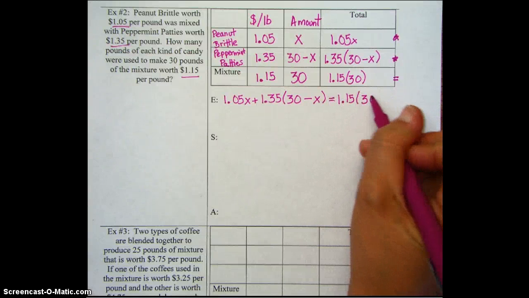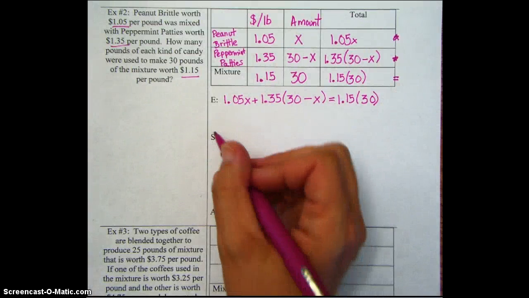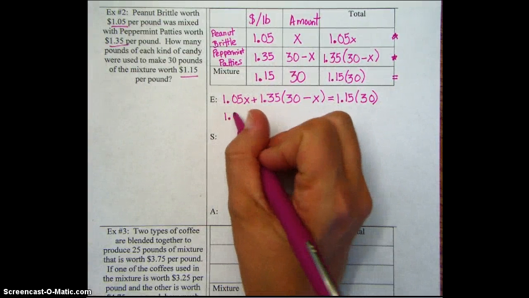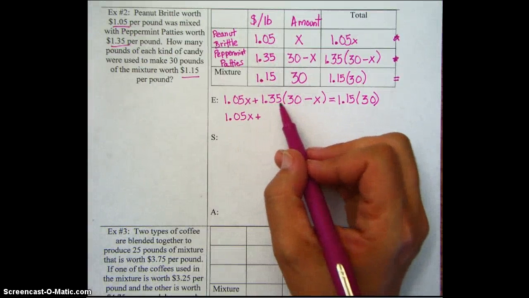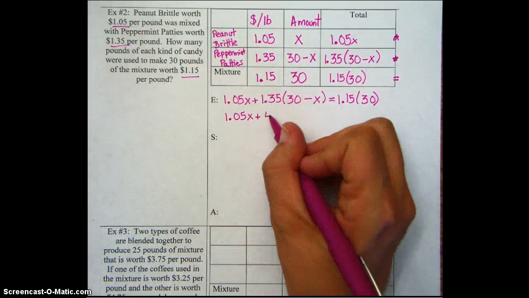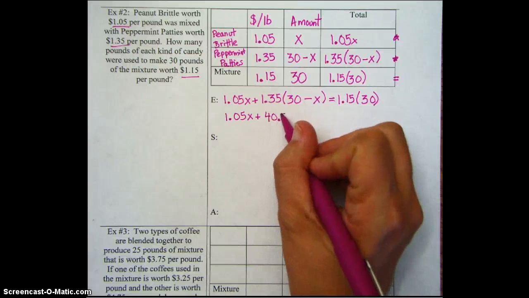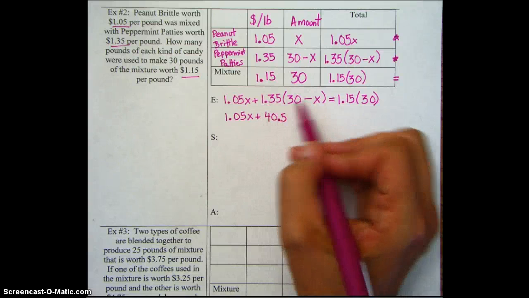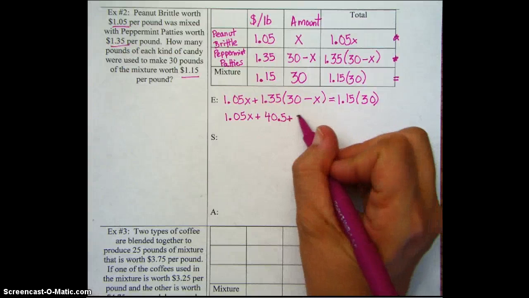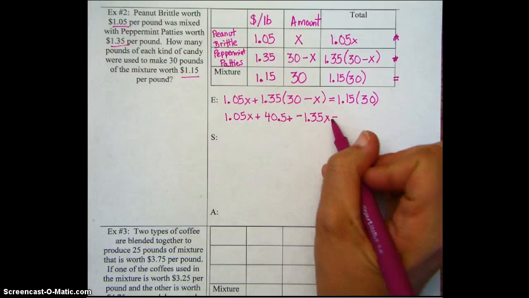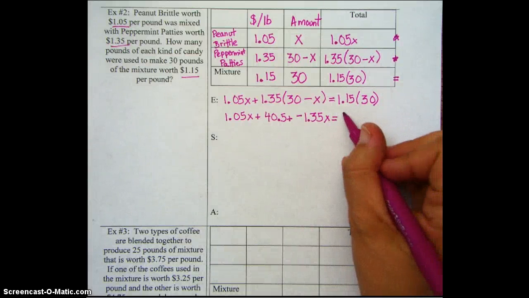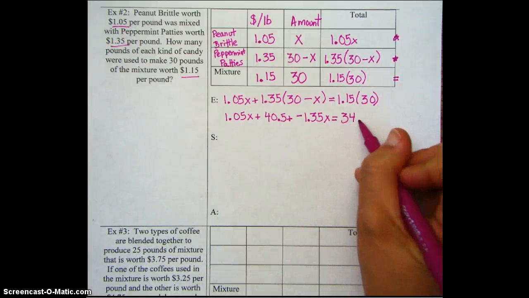At this point, you're going to want to make sure you use your calculator. We have 1.05x. When we multiply the 1.35 by the 30, we're going to get 40.5. 1.35 times a negative x is going to be a negative 1.35x. 1.15 multiplied by 30 will give us 34.5.